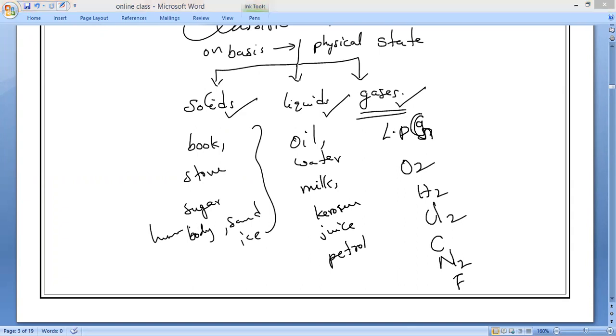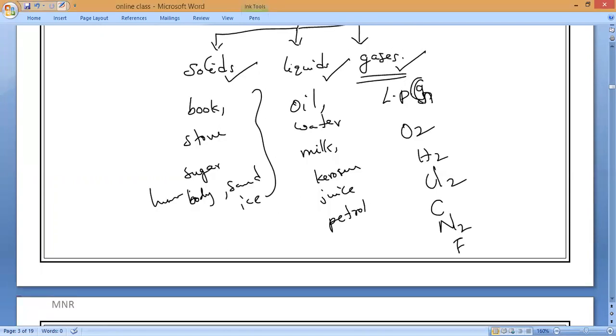Gases. Clear? Everyone? Even carbon dioxide, you can say steam. Understanding? Steam. Okay. Water vapor. That is what we can say, steam. Okay, everyone? Water vapor. So all the things we call gases only.